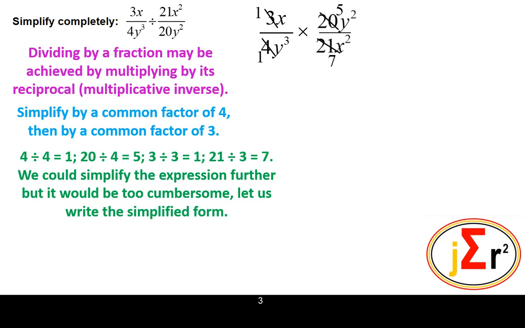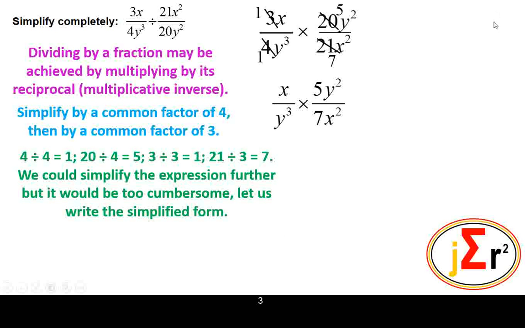Since we have taken those two steps, what we are going to write now is a simplified form of the original expression. And there it is: 3 is gone from the numerator, the factor of 4 into 20 is 5, and the y squared is unaffected in the denominator. 4 is gone.